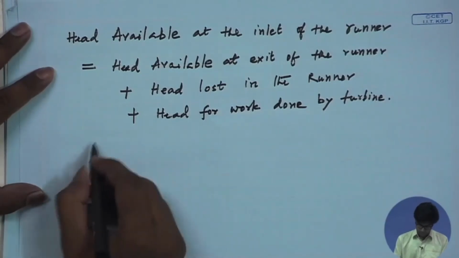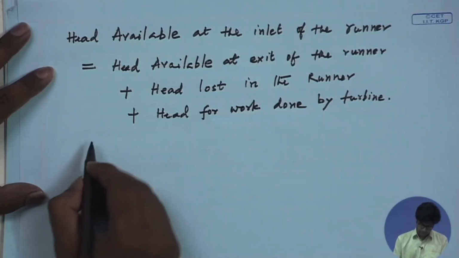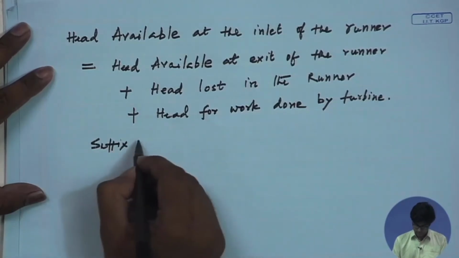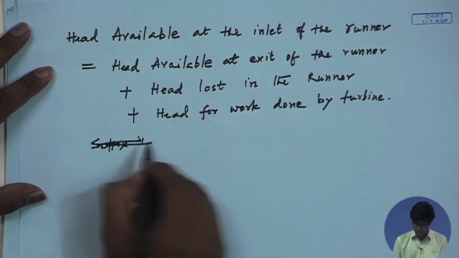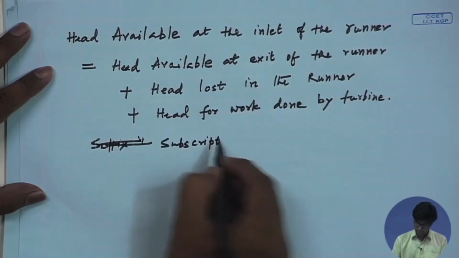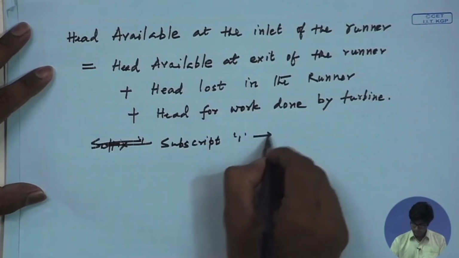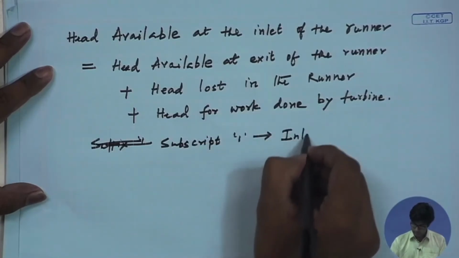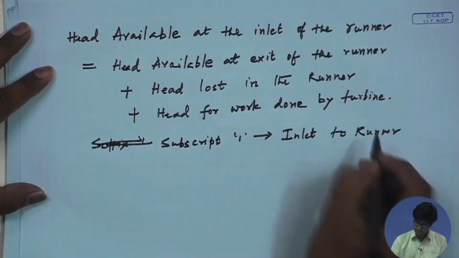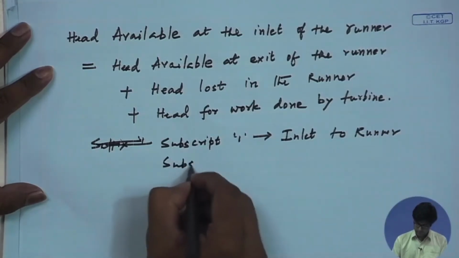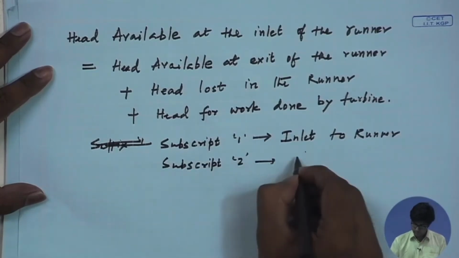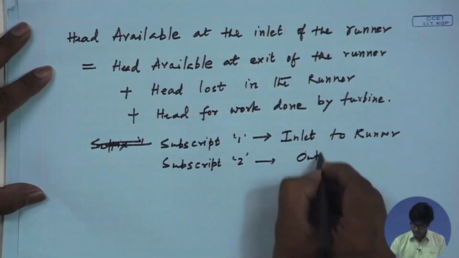So, if we represent the inlet to the runner by suffix 1 or subscript 1, that is subscript 1 represents the inlet to the runner and subscript 2 represents the outlet to the runner.